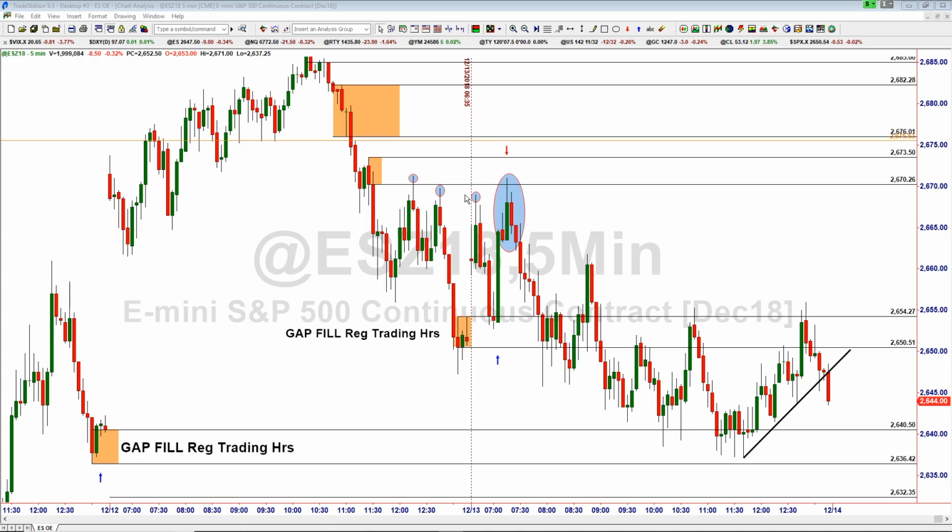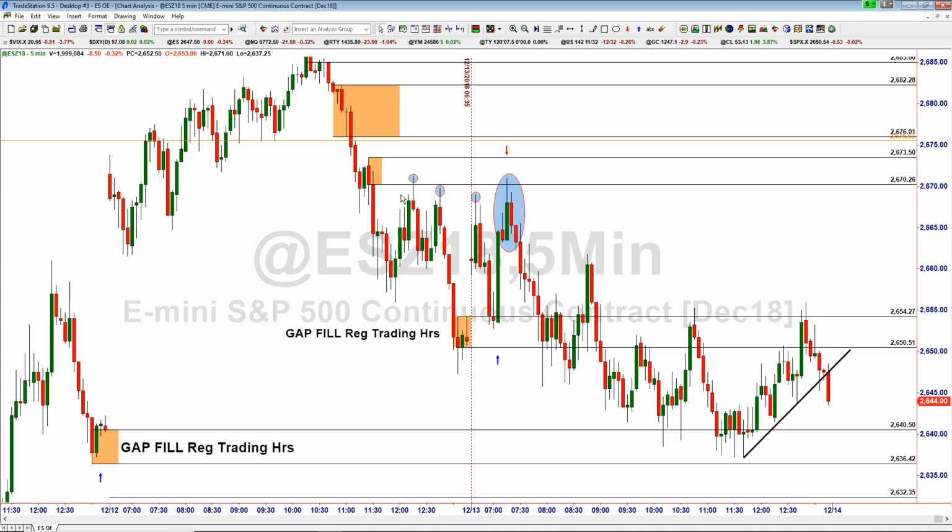We opened up, we came up into this area with some wicks up here in this 2667 area, and you can see these wicks with blue circles highlighted, basically pointing to this area, with one attempt above this 2670 that we identified as an area where we could possibly see some selling pressure.